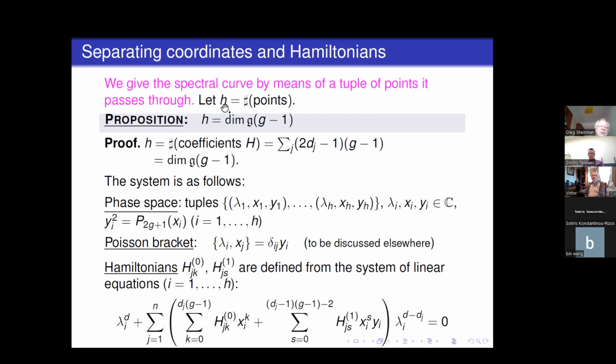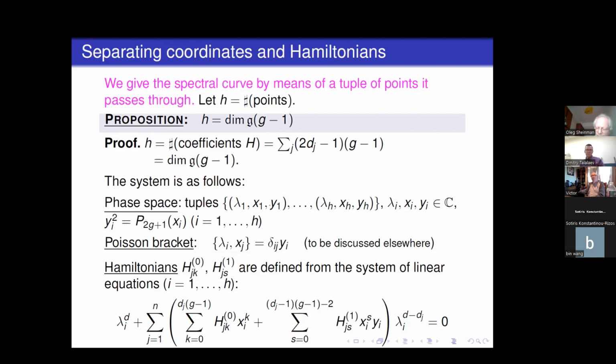Let H be the number of these points. The easy statement is the following: the number of these points is equal to the product of the dimension of the corresponding Lie algebra by the genus of the base curve minus 1. This is true for simple algebras.